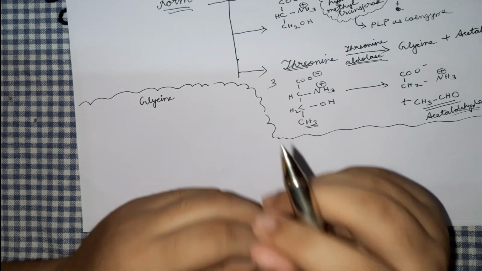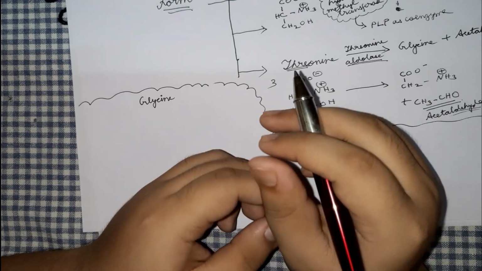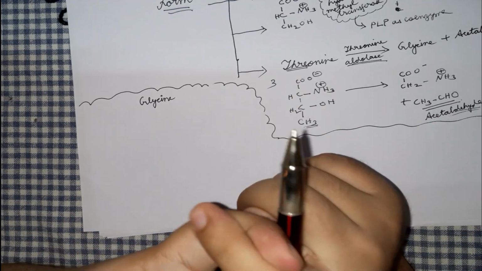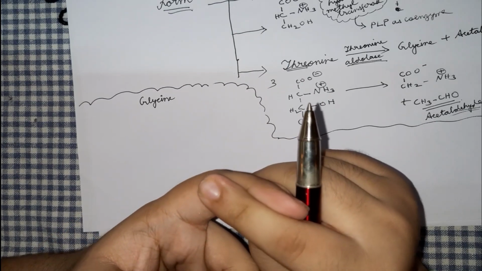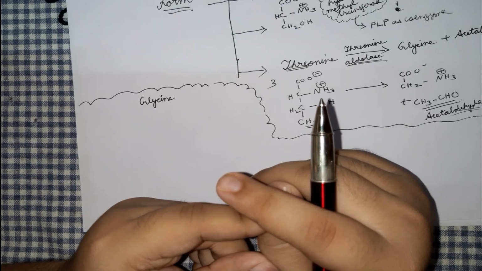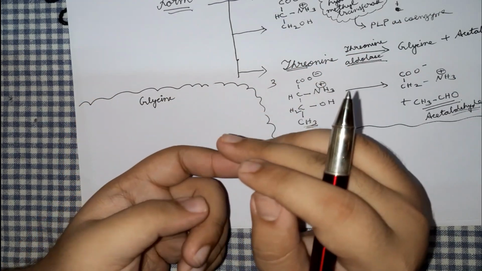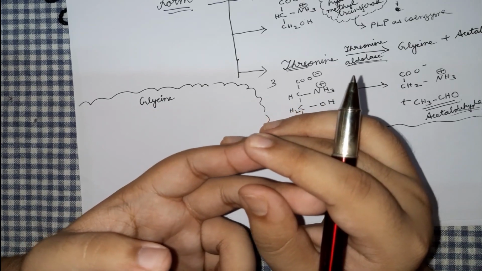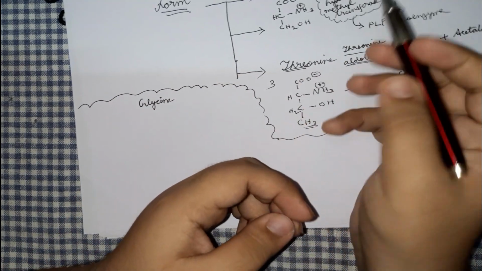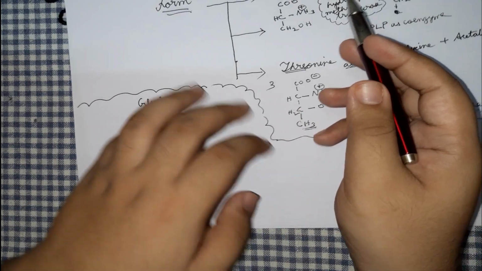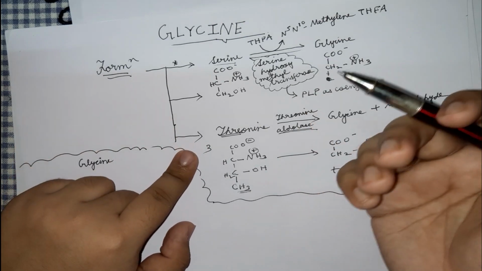Now, one of the very important metabolic pathways that glycine follows is known as the glycine cleavage process, or the glycine cleavage system. In that, glycine is broken down into carbon dioxide, ammonia, and also methylene tetrahydrofolic acid, which we had formed here, right? N5,N10-methylene THF. Yes, this thing. That is a one carbon group.